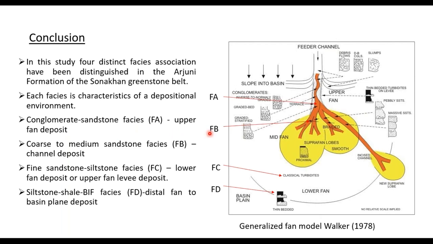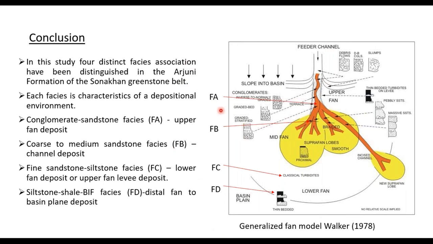Now this is the conclusion slide of my presentation, where FA, FB, FC, FD, the facies associations, are showing individual facies, individual environment, and these are correlated with the generalized fan model of Walker 1978.